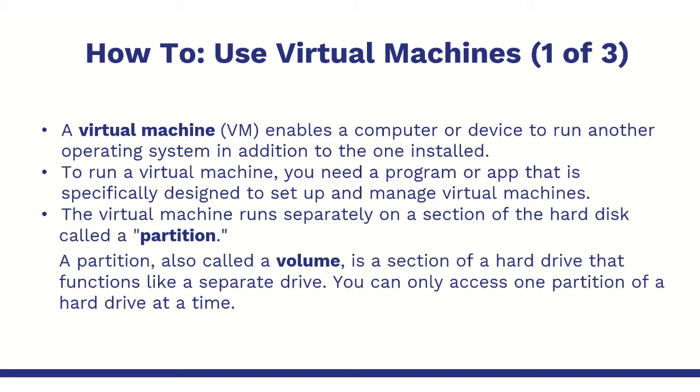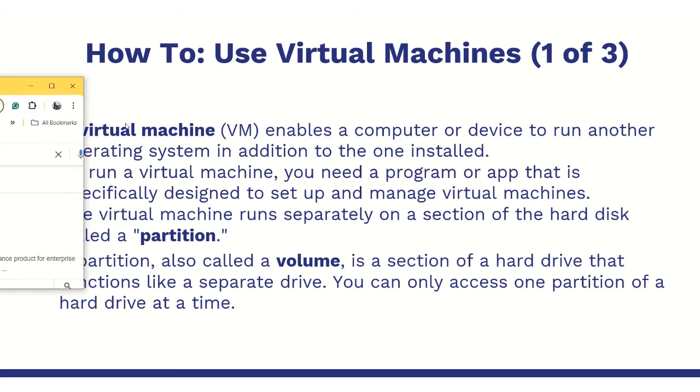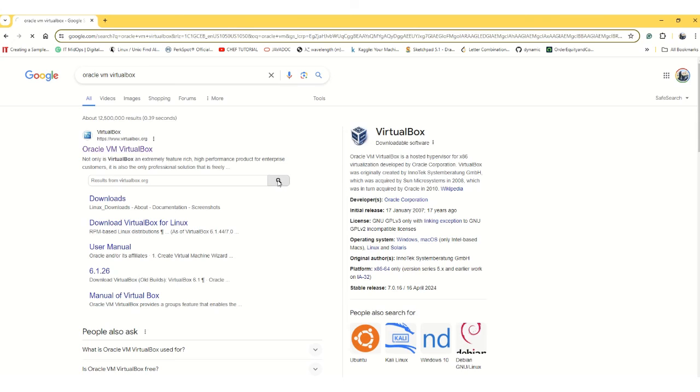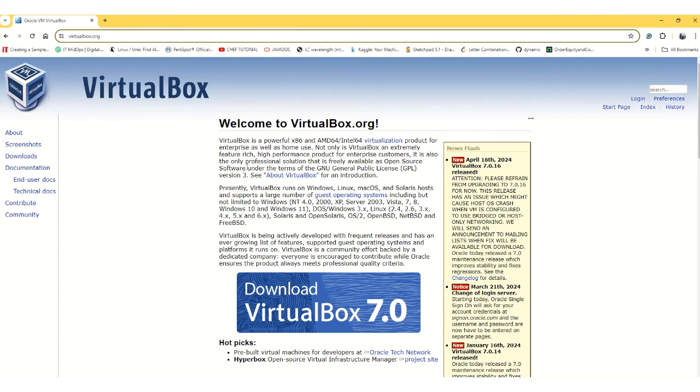Yeah, you can see it here, the Oracle VM VirtualBox. This is also a virtualization product. So you can download this product on your desktop, on your device, and then you can enjoy using a different operating system on it.